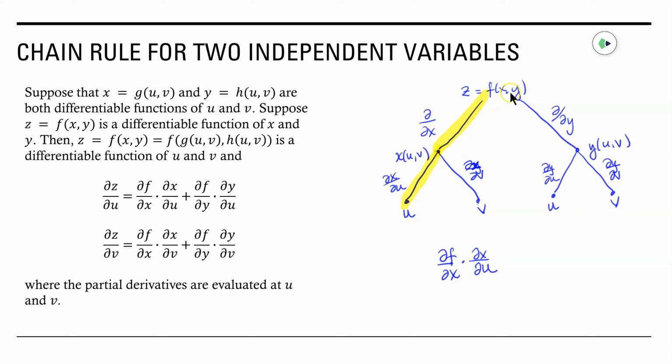And now because I've taken a path that leads to u, this is going to be the partial derivative of z with respect to u. Plus, and now I need to attend to the other path that leads to u. And that would be the partial of f with respect to y times the partial of y with respect to u. And so that's the formula that we have here.